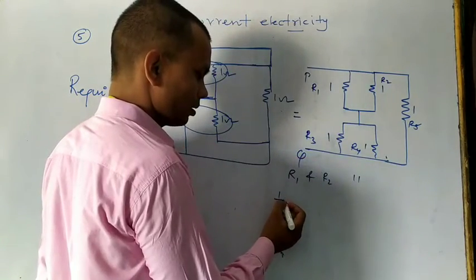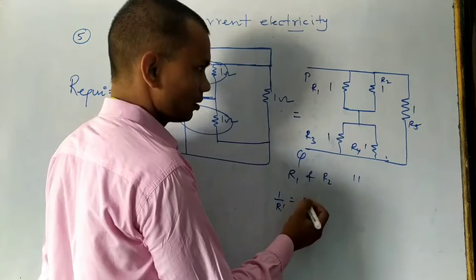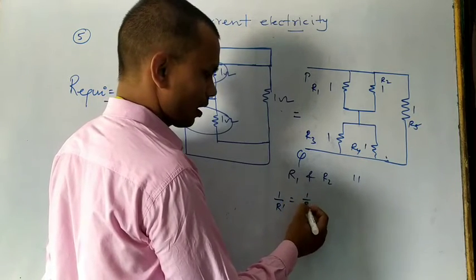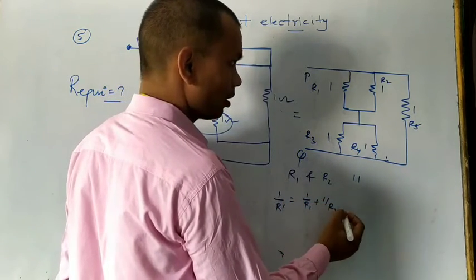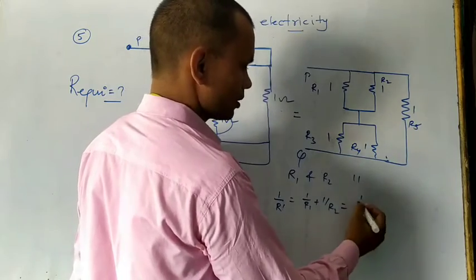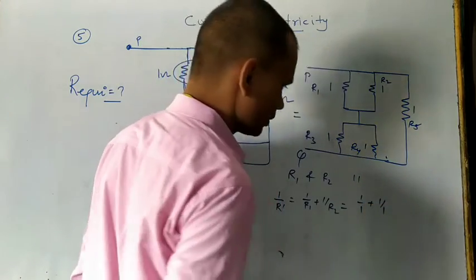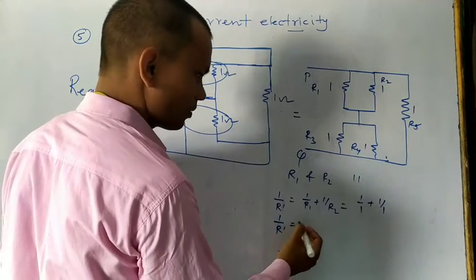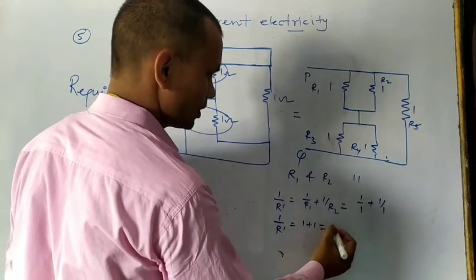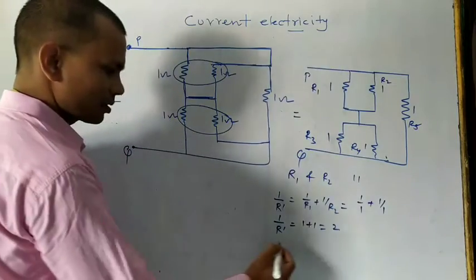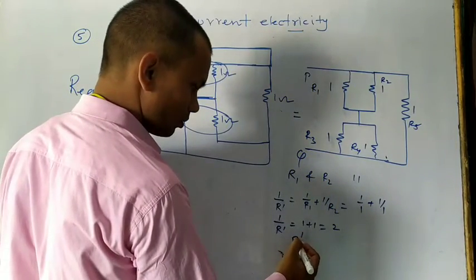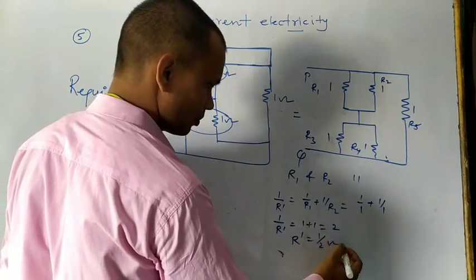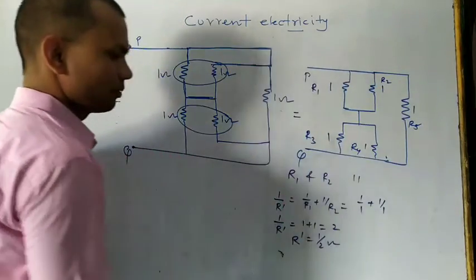So the equivalent, suppose R dash, is 1 upon R dash equals 1 upon R1 plus 1 upon R2, which is 1 by 1 plus 1 by 1, that is 2. So R dash is 1 by 2.